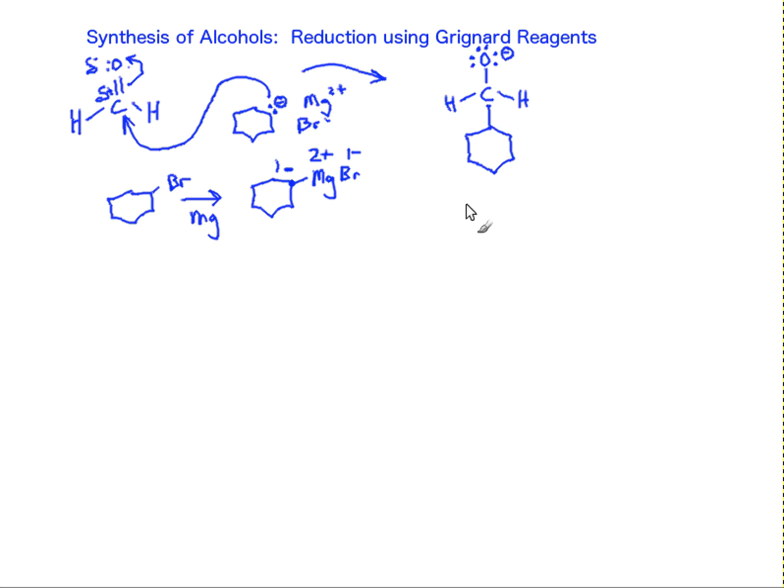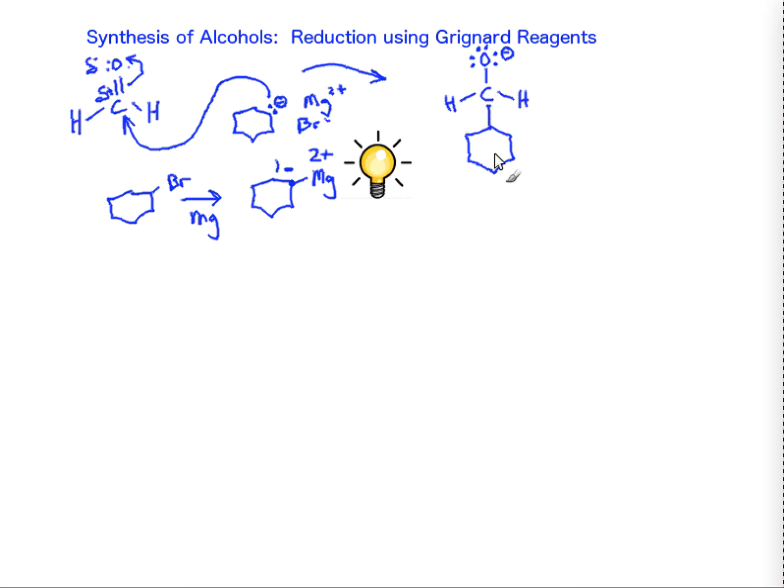Now, the mechanism is the same, right? The generation of the Grignard reagent is something a little different, but it results in a nucleophile that can react with a carbonyl-containing compound to form this alkoxide. Hopefully when you see this alkoxide by now, you're like, whoa, okay, I have to think about something. Can this alkoxide reform the carbonyl? Can these electrons come back in to form that carbon-oxygen double bond? The answer to that is, do you have a leaving group? No, not a good leaving group.